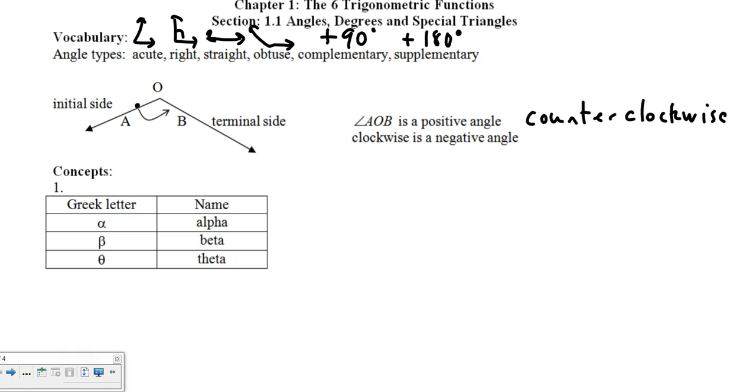The concepts, we're going to be looking at Greek letters of the alphabet. You have alpha, beta, and theta. The book uses these Greek letters to indicate angles. So instead of X and Y, they're going to use these symbols as missing angles. Just want you to be familiar with them.